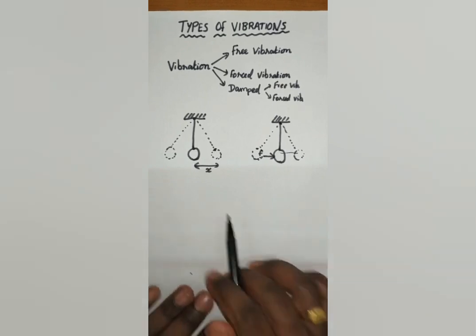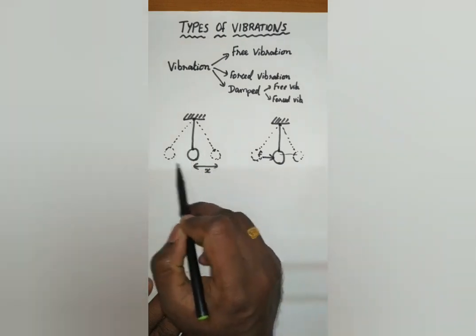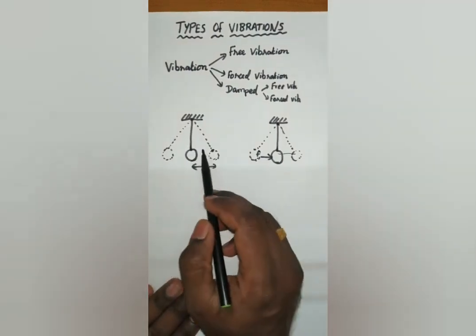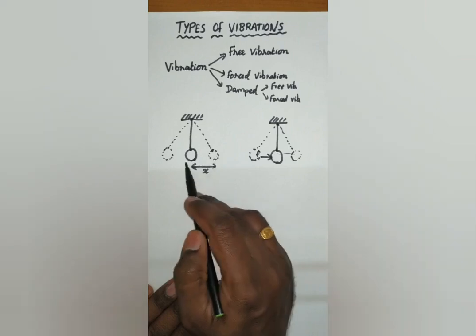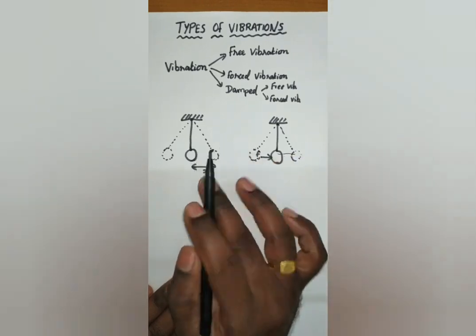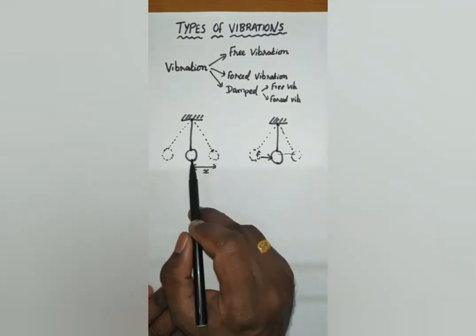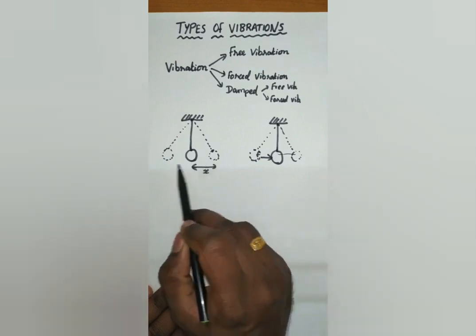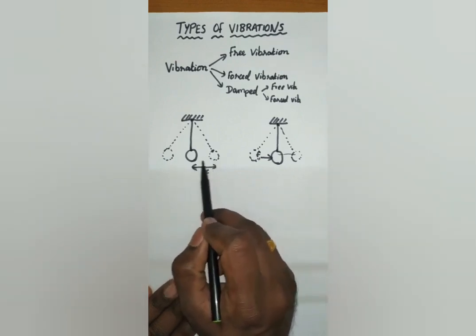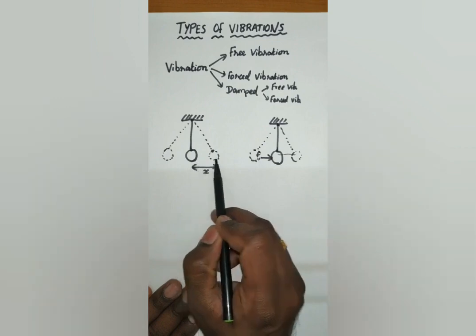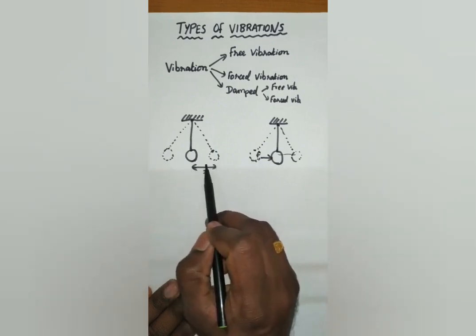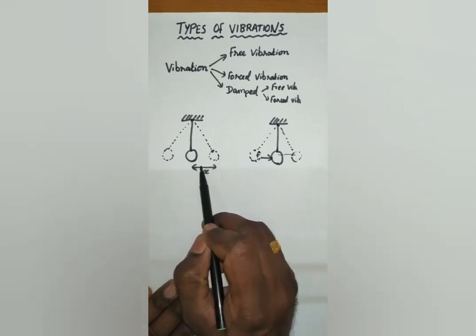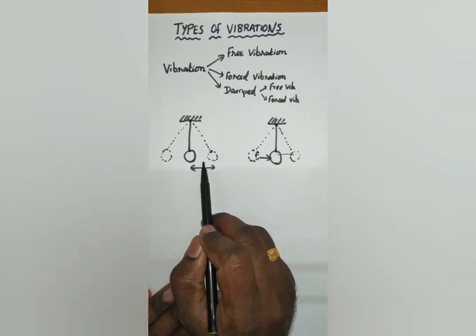If I do this vibration and there is no resistance, obviously this vibration is not going to stop. But actually, in real-time conditions, there is some possibility for air friction, some external force may happen. Because of that, the oscillation will stop slowly. That's why it's called the damping effect, right?